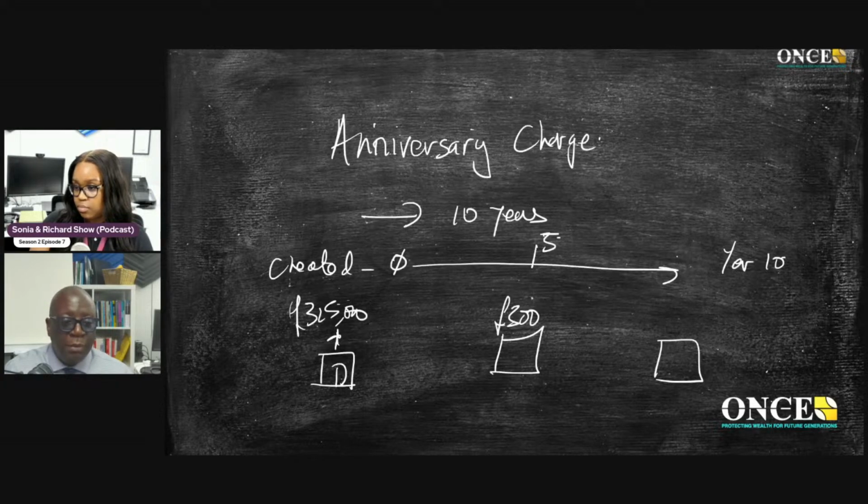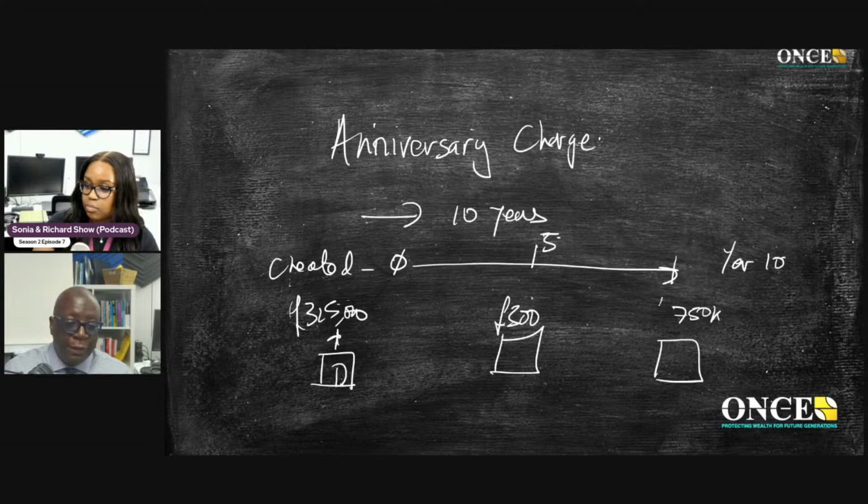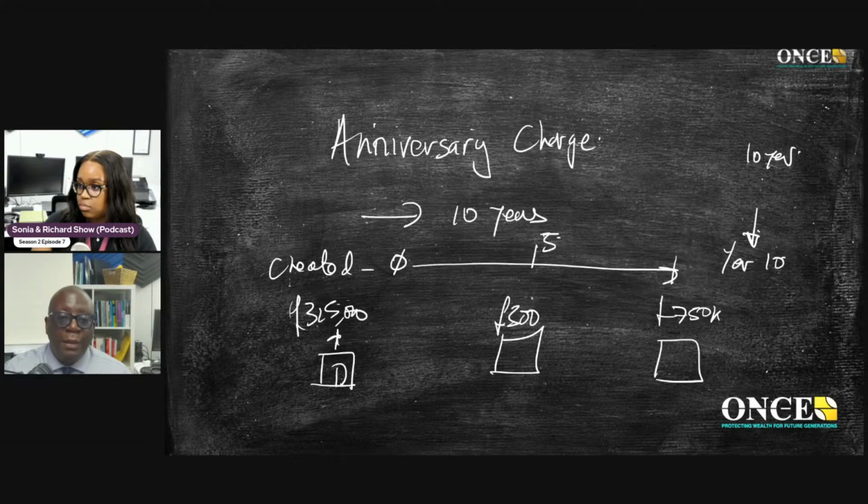The trust would only be revalued at year 10, when it could be worth 750,000. That's why it's revalued. HMRC need to get their money. And so the excess, anything over 325,000 at year 10, and every 10-year cycle, can trigger, again, up to 6% on the excess. Another form of inheritance tax on the trust.